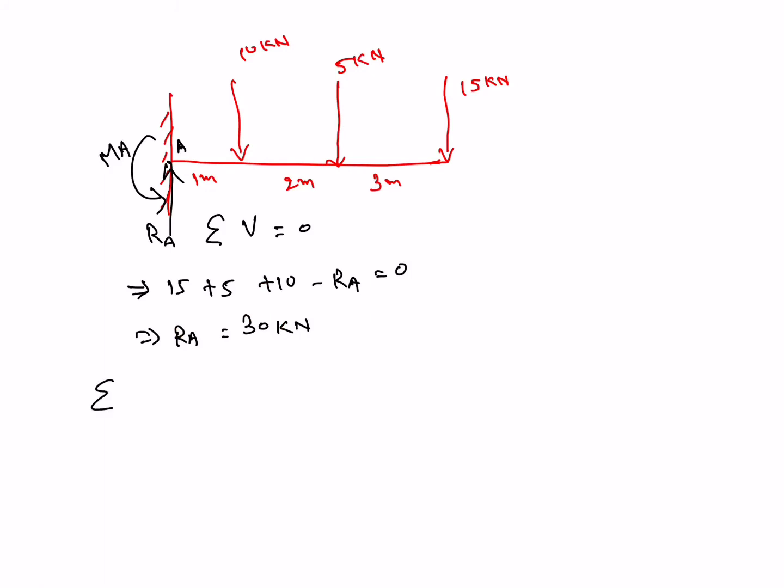Then for equilibrium, summation of all moments should be 0. So 15 into 6 plus 5 into 3, plus 10 into 1 minus MA, because MA is anticlockwise, equal to 0.